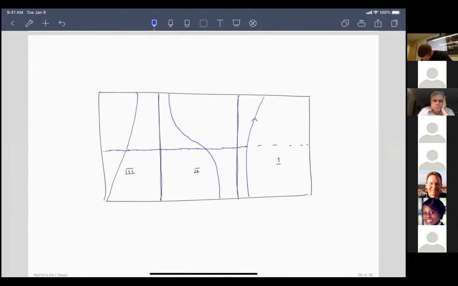Okay, so this is the future light cone. These are in and outgoing null geodesics. So these ones are ingoing, and this is outgoing.